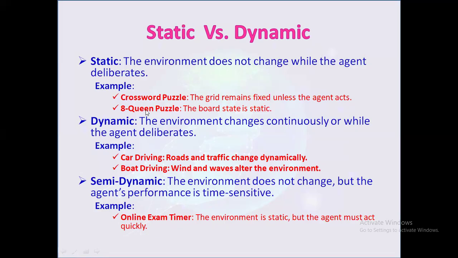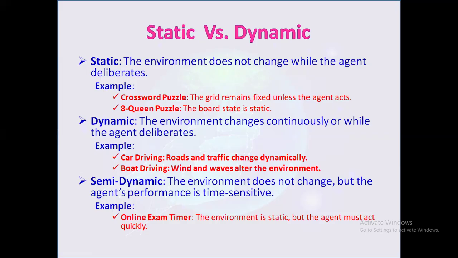Another example is the 8 queen puzzle. The chessboard in the 8 queen puzzle remains static, and the agent can focus on finding a solution without any changes in the environment. The next one is the dynamic. In a dynamic environment, the environment changes continuously even while the agent is deliberating.